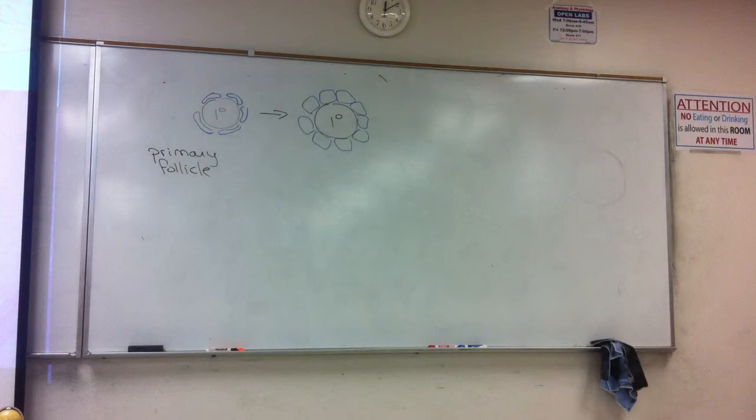Here's all the pictures put together. Here's our changing follicle. What hormone is getting estrogen? Okay, what kind of hormone is estrogen? Steroid. What kind of organelle do we need to synthesize steroid hormones from cholesterol?